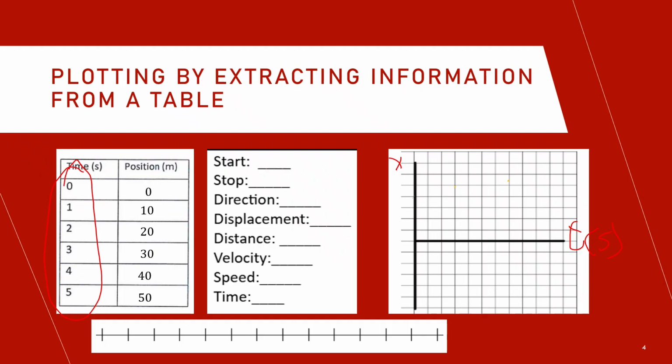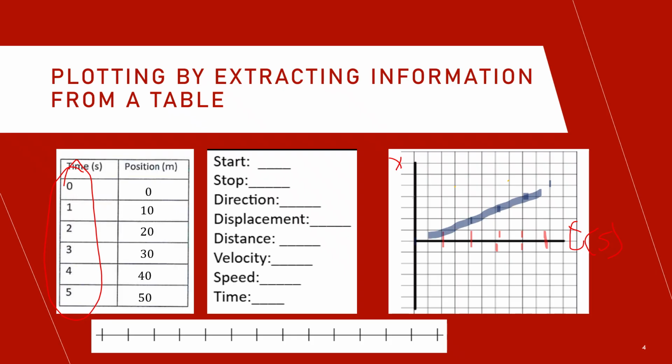So we'll go ahead and put 1 second, 2 seconds, 3 seconds, 4, and 5 seconds. During those 5 seconds, in the first second we move 10, in the second we move 20, and then 30, 40, and then 50.